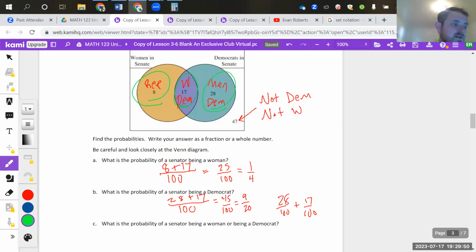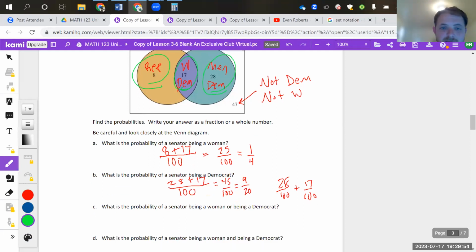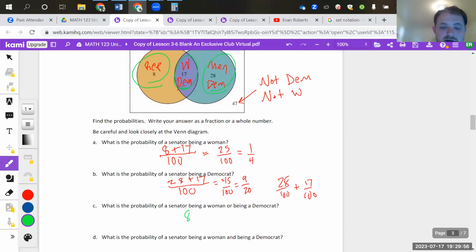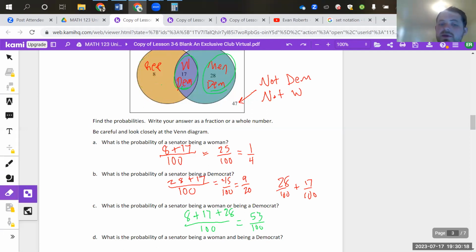So essentially, it's all those numbers together, which would be 8 plus 17 plus 28, all out of 100, which I believe is 53. You could have also done the complement there, and you would have seen that the 47 and the 53 make 100 together. So you could have done 1 minus 47 out of 100 if you wanted to use that complement concept from the other page.